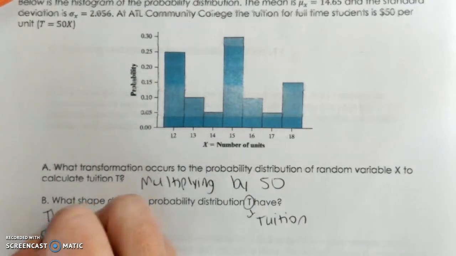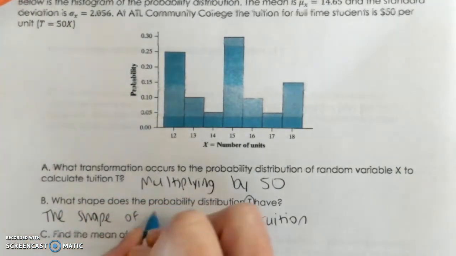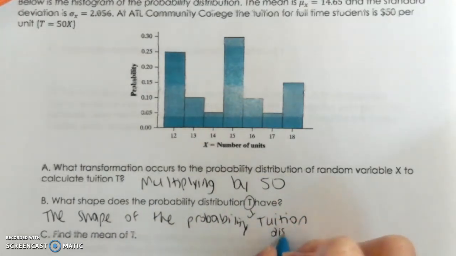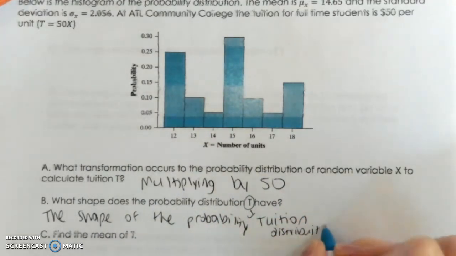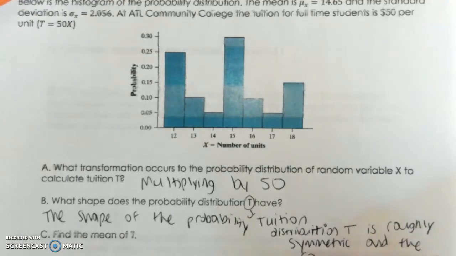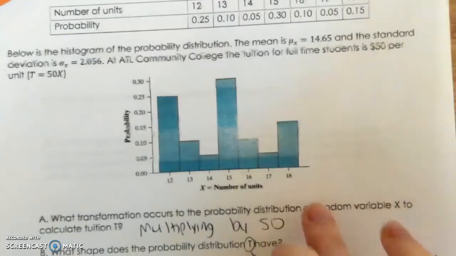So the shape of the probability distribution: distribution T is roughly symmetric and the same as the distribution of units, which was our original distribution. Right? It looks exactly the same as this.